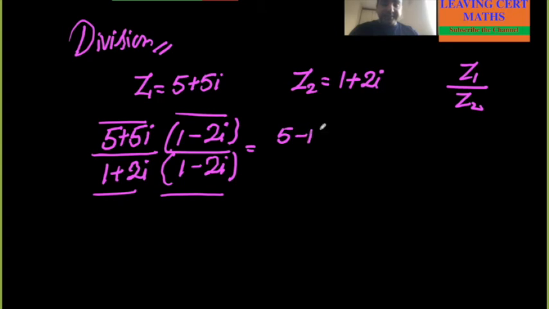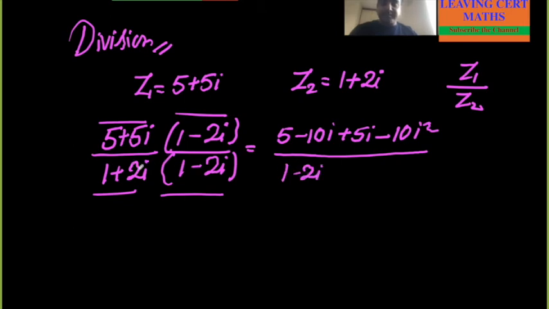Minus 10i plus 5i minus 10i squared, right? Let's do this one. 1 minus 2i plus 2i minus 4i squared, right?